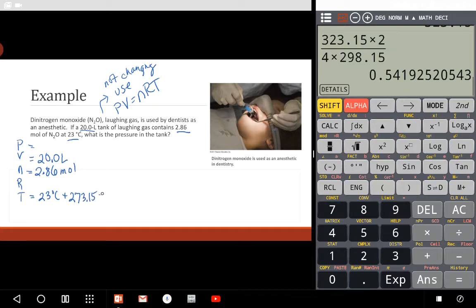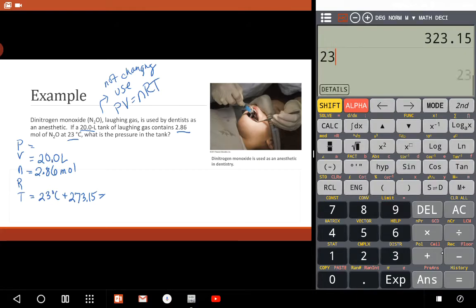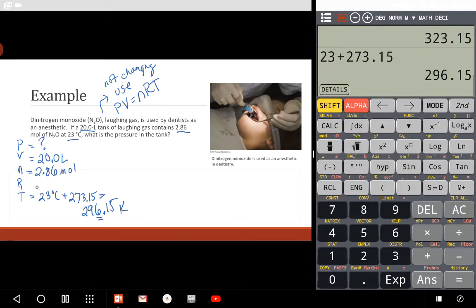I always have to convert my temperatures to Kelvin. So that's 23 plus 273.15, and so that's going to be equal to 296.15, and I'm just going to underline the ones digits so that I remember that that was the last sig fig. It's asking me for the pressure in the tank, so that's what I'm going to solve for.